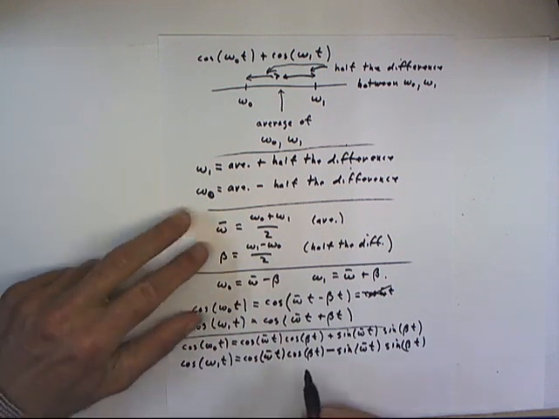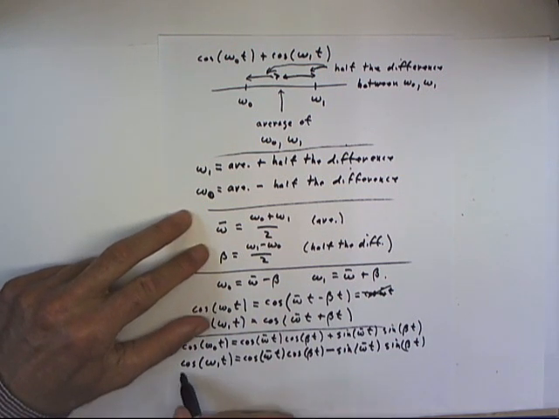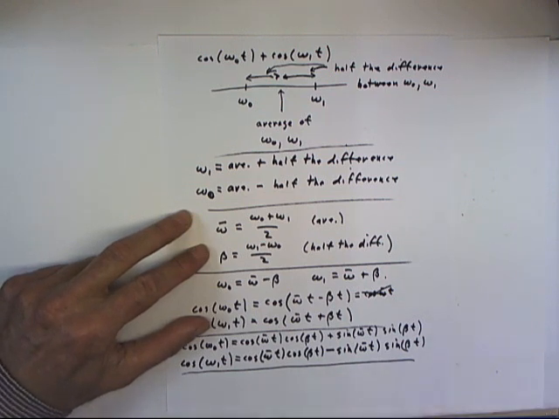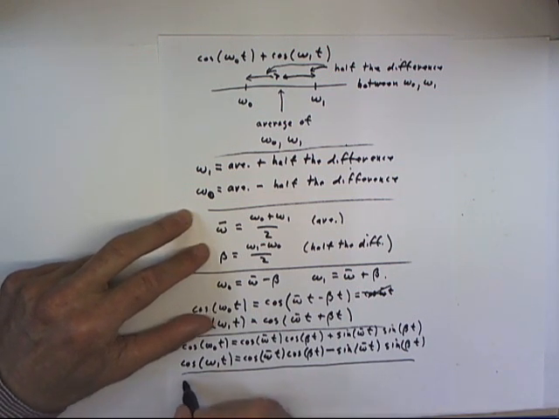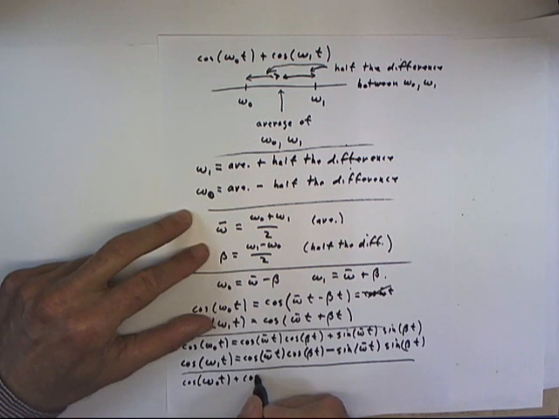Now I'm going to get something that's different than what I see in your textbook, and then I'm going to try to reconcile it, and if I've got a mistake, we'll take the mistake and maybe learn something from it. But right now, I don't think that I've made a mistake.